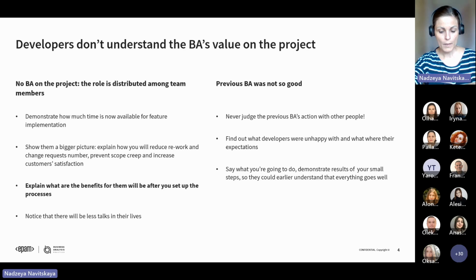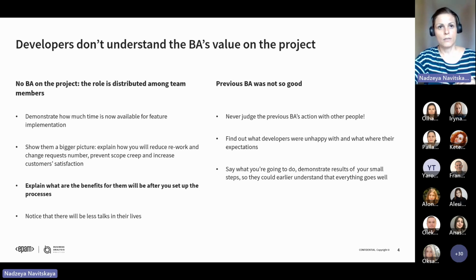And one more thing: after all the processes are set, customers start to trust the team more, which leads to the team making more decisions on their own.